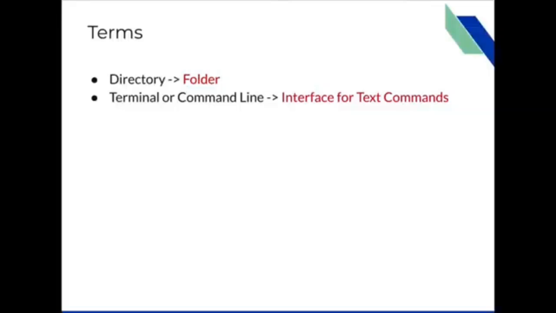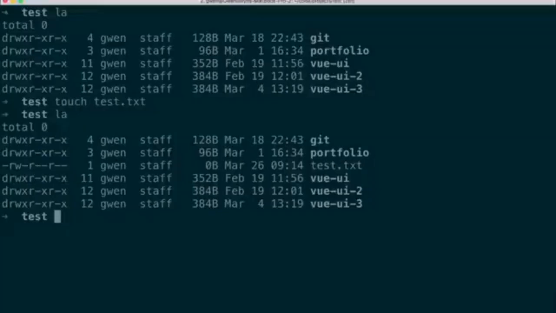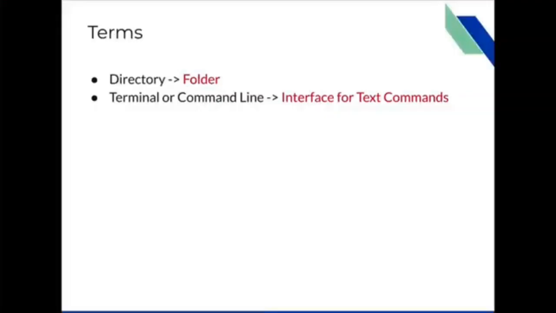So let's look at some of the terms that you're going to see in this video. First of all, I use the term directory, which is also known as a folder on your computer. When I reference the terminal or command line, I basically mean an application that runs on your computer, which is just an interface where you can type in text commands. You can navigate around files and folders, create files, change, update things, install and run programs, and much more.